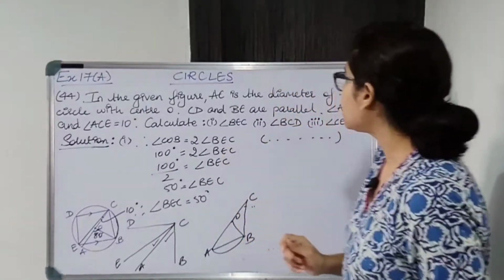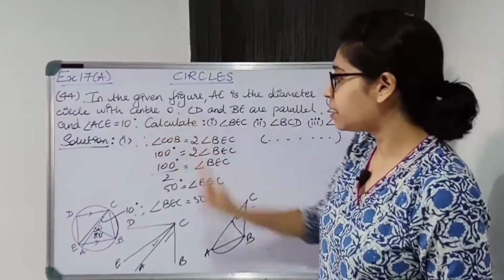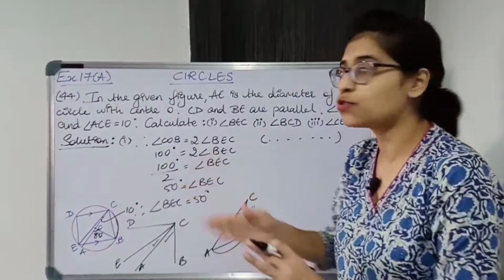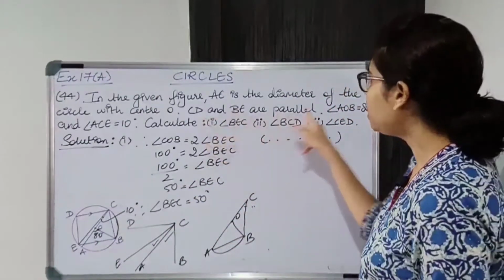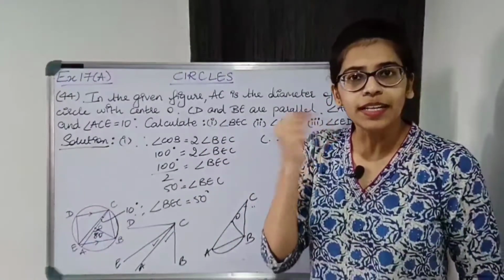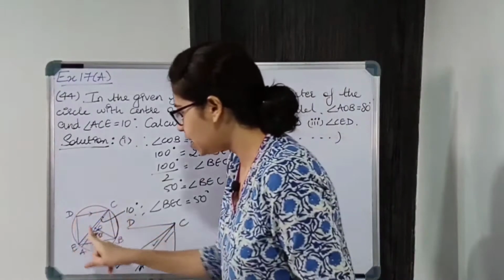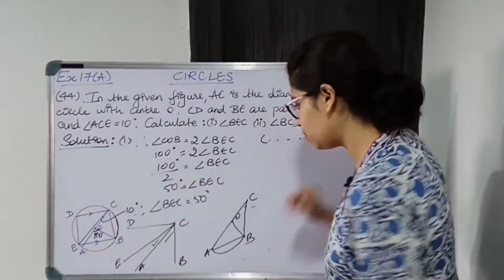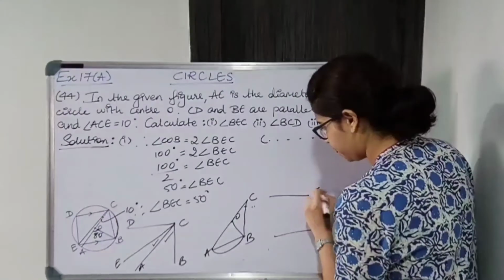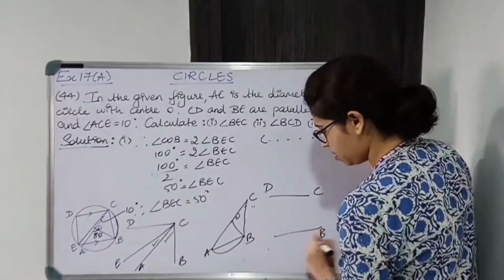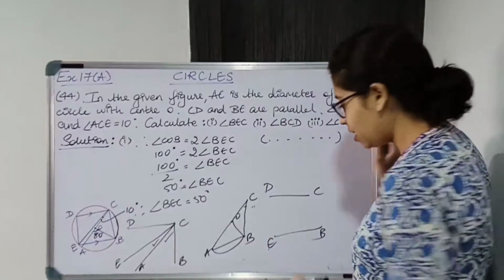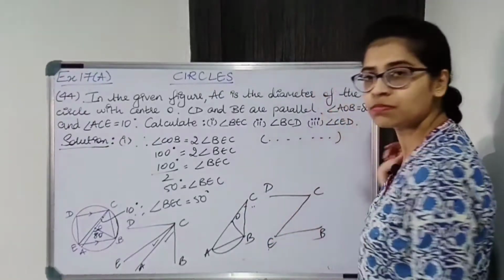Now let us check what else is given. AC is the diameter of the circle with center O. AC will not be useful over here. CD and BE are parallel. So let us check this. CD and BE both are parallel. And BE. Okay. Now this is the transversal.